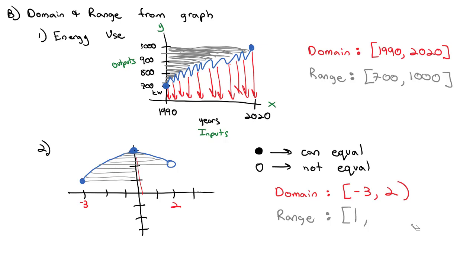At the top of the graph, it hits the number 3. So the range says it's going from 1 to 3, up and down. And the domain says we're going from -3 to 2, left to right. That's how we can pull the domain and range off of a graph.